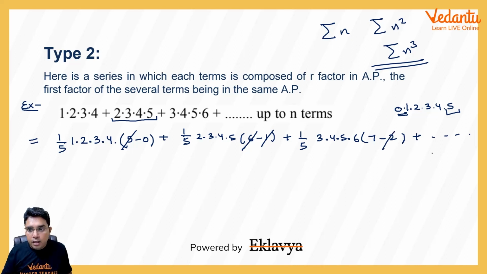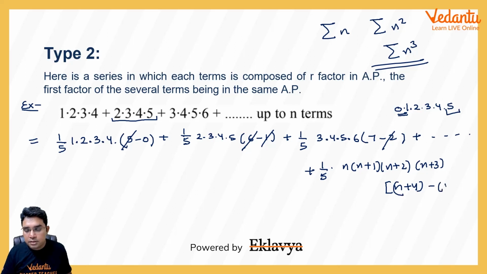And here if we write the nth term, I think we will get 1 by 5. Nth term would have been n into n plus 1 into n plus 2 into n plus 3. And for that we will be multiplying it by n plus 4, the next expected term, minus the term that would have come before n.